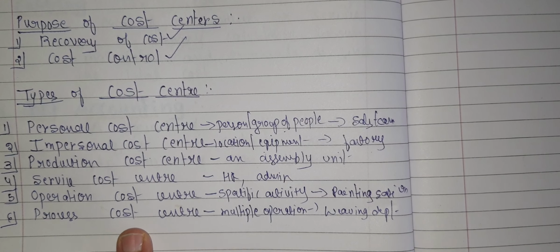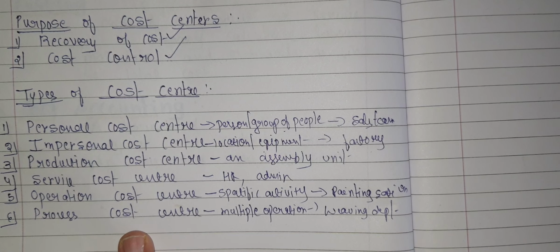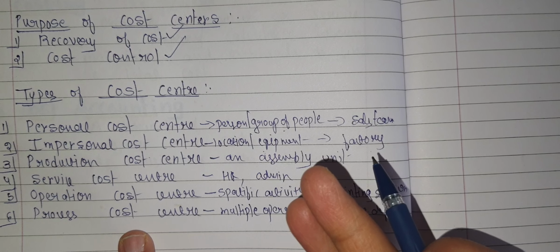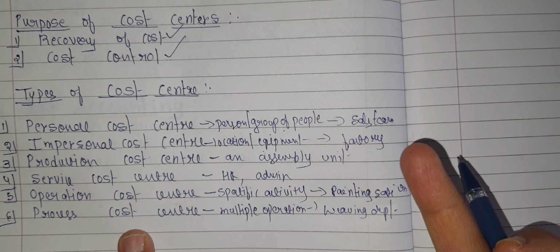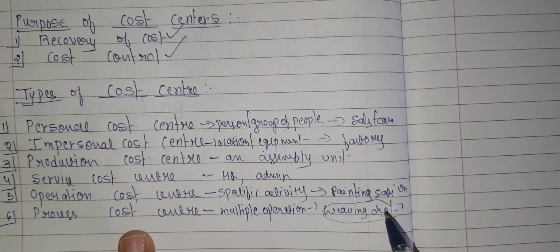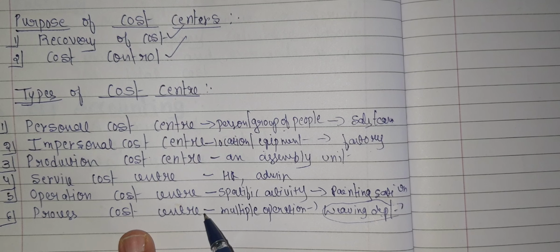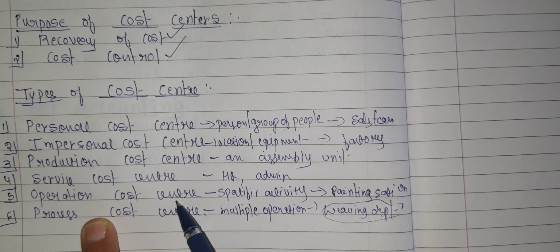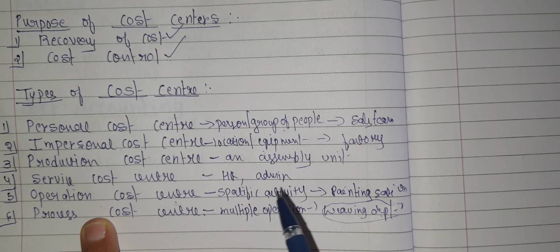It is a process cost center. Why? Because it includes multiple operations like spinning, dyeing and weaving fabric. So these are the multiple operations involved in the weaving department. So that is called a process cost center. An operation cost center handles only one specific activity.